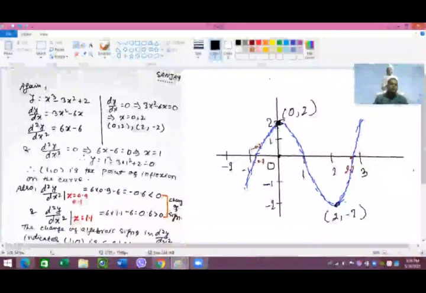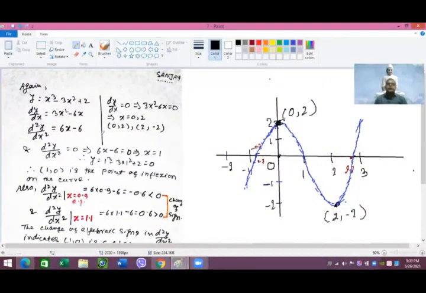In order to find the point of inflection and also the maximum and minimum points, you should have the given function, its first order derivative as well as its second order derivative. The first order derivative, if you equate it to 0, gives you the stationary points, that is maximum or minimum points.